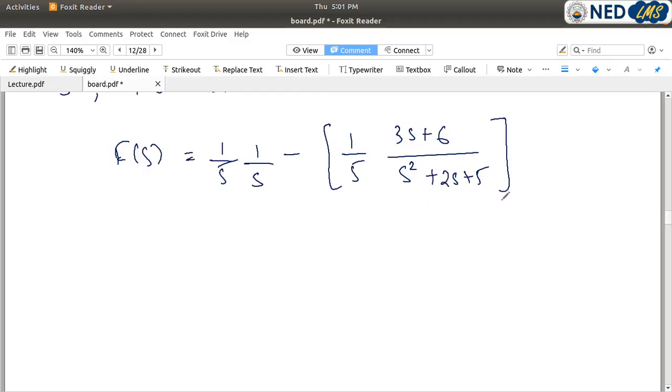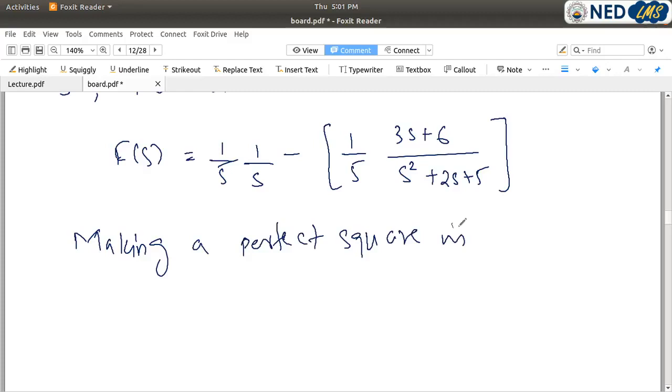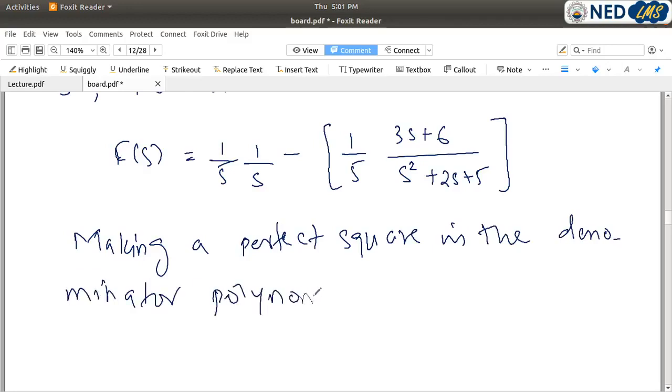So write a statement: making a perfect square in the denominator polynomial.